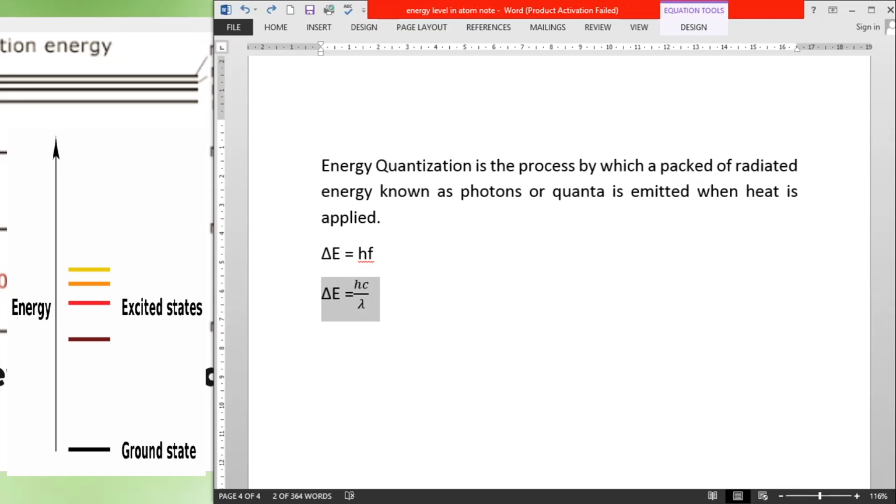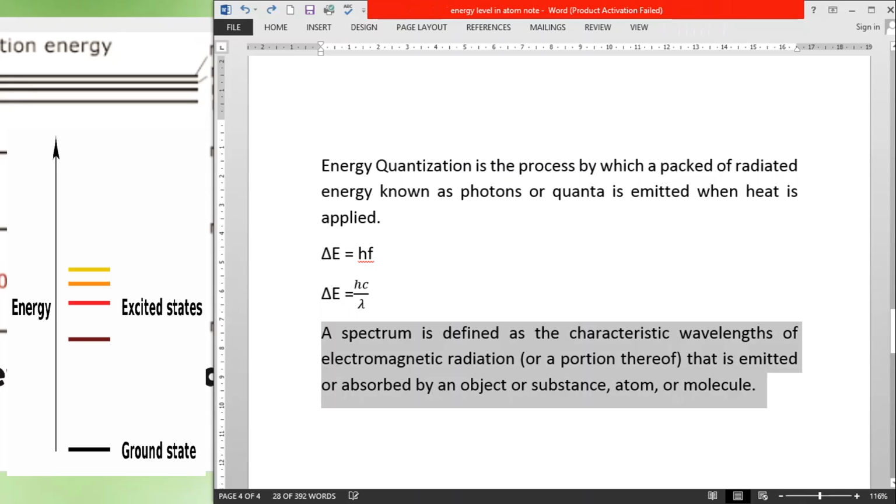So change in E is hc over lambda, which is what we also know, hc over lambda, or hf. So a spectrum is defined as the characteristic wavelength of electromagnetic radiation or a portion thereof that is emitted or absorbed by an object, substance, atom, or molecules.